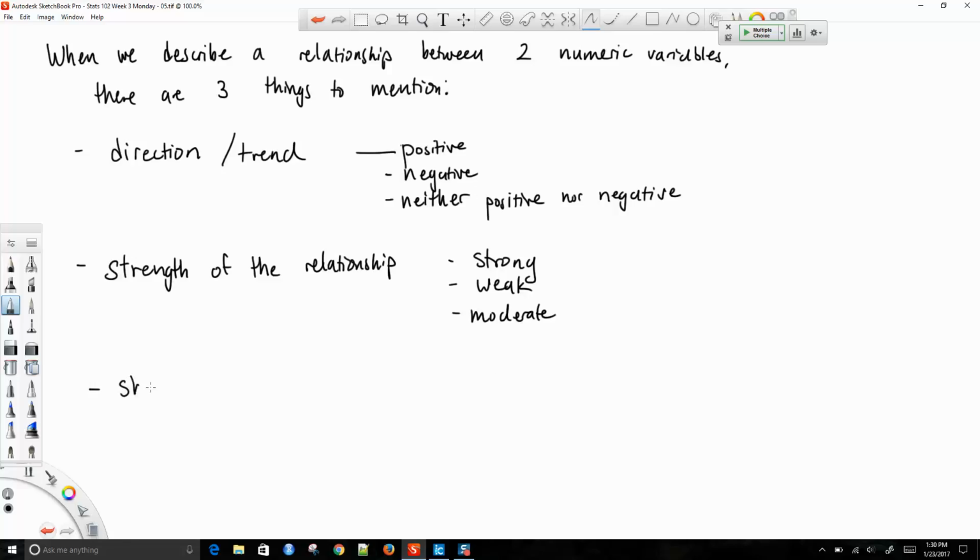And then lastly, we have the shape of the relationship. As far as this class goes, we will have linear versus nonlinear, and in our class, we will only deal with linear relationships.